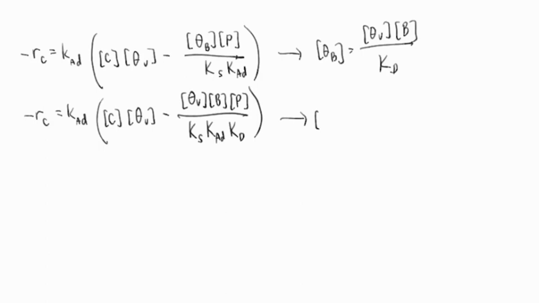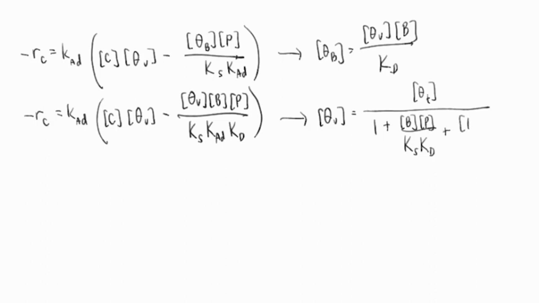And remember that the concentration of the vacant active sites is equal to the concentration of the total number of active sites divided by 1 plus concentration of benzene and concentration of propylene over Ks Kd plus the concentration of benzene over Kd.